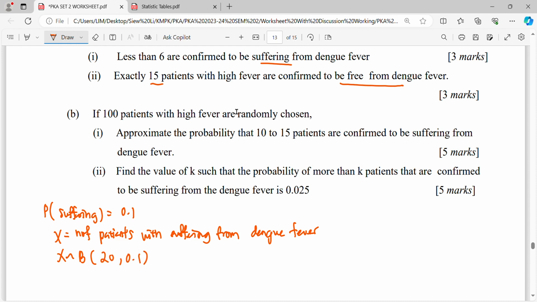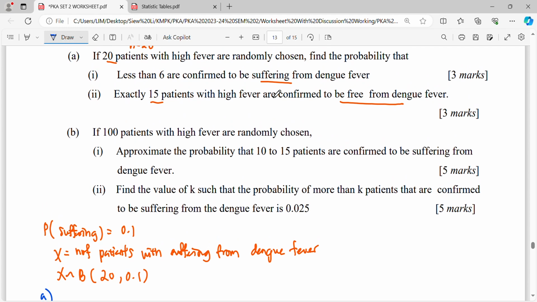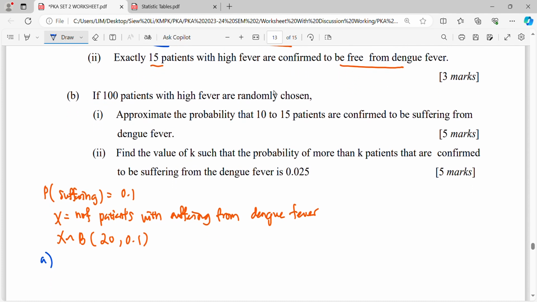So for the first part, we are going to find the probability less than 6, denoted as probability X less than 6. To find this using binomial, you can use the formula or the table.